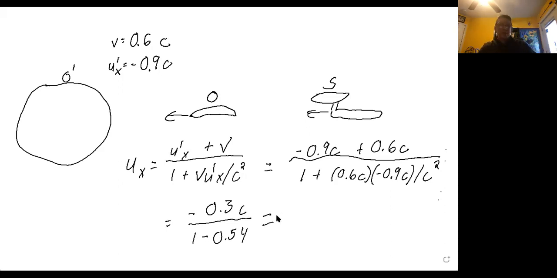So that's negative 0.3 divided by 0.46. So that becomes negative 0.65 c. So that's the speed at which this observer sees the Enterprise gaining on them.